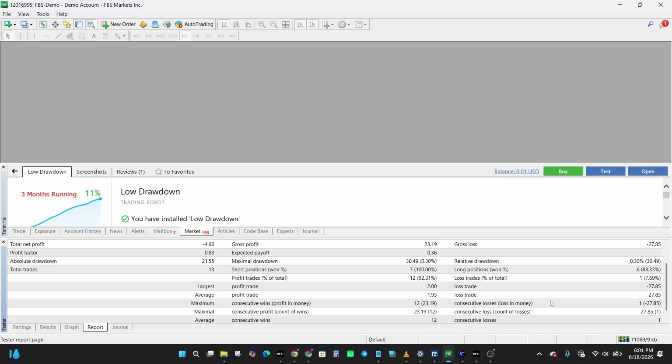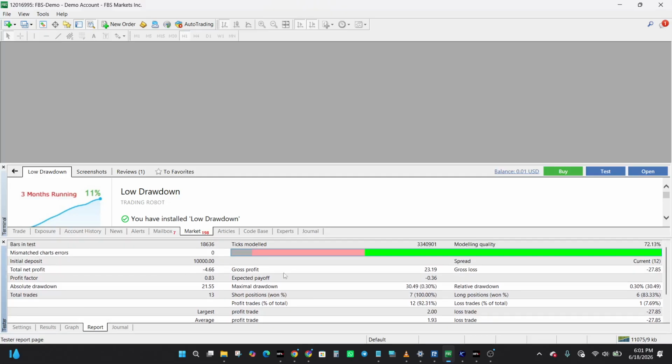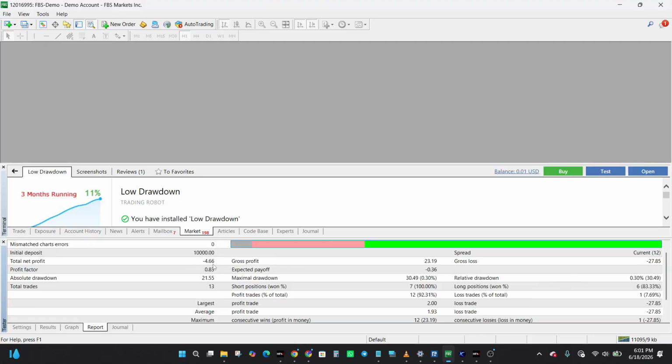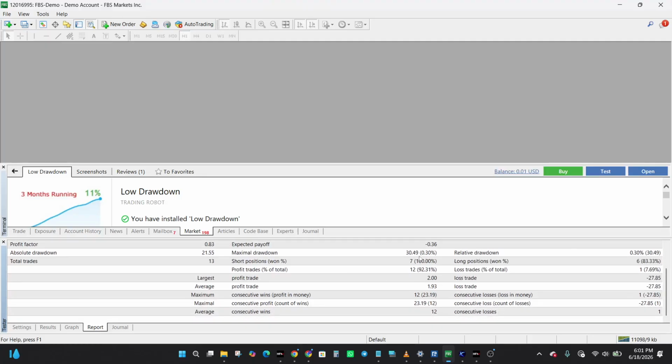Now, you might be wondering, why does this system have such a high win rate but still have a negative net profit? The answer is literally here. The risk to reward ratio is very, very bad. The win rate is high, 92.31%, but just look at the difference between the average profit and the average loss. It's so much. So I feel like this is one of the major reasons why the net profit is negative despite the high win rate.